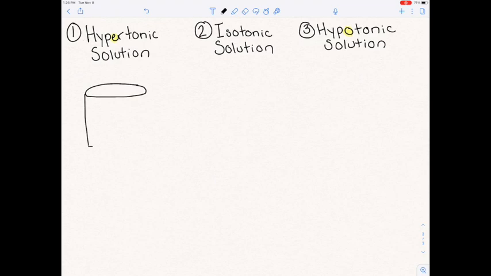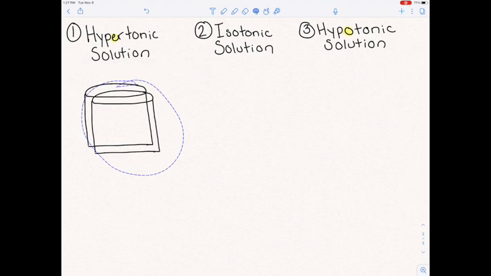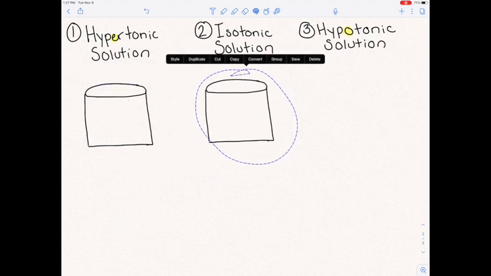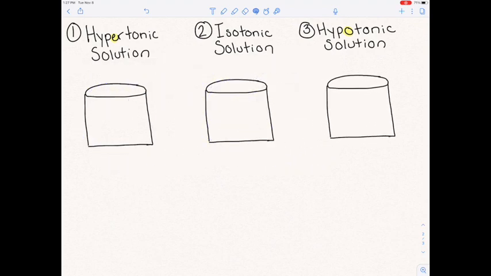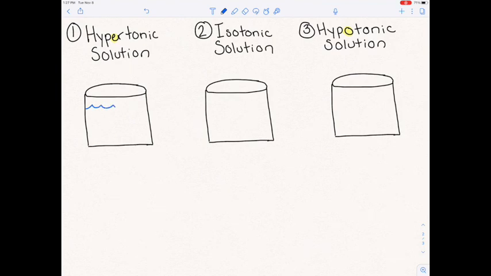In each of these examples, I'm going to have a beaker. And this beaker is going to be filled with some solution. For this example, I'm going to say that this is water with salt in it. So it's a salt solution, or NaCl solution.